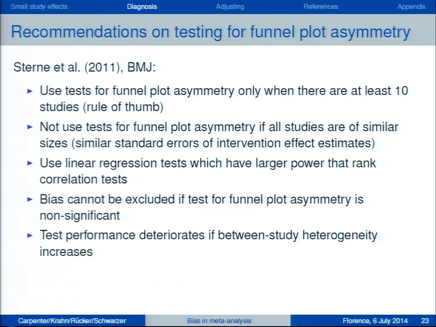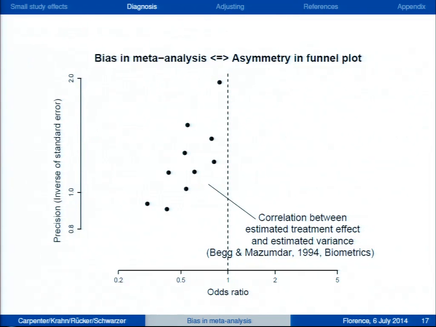Sorry, it is not totally clear to me how you set up this funnel plot. What is the center line? Is it the estimate that you get from the meta-analysis? Yes, I will show the funnel plot again. Here the central line is simply the 1, the neutral line in this funnel plot.